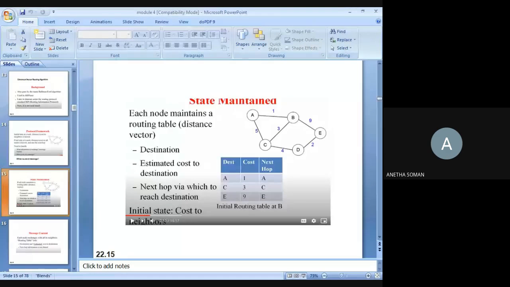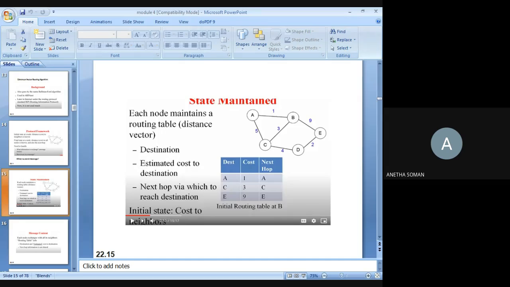The initial step, what you have to do is whenever you are having a problem or a sum given like this, you have to maintain a routing table, or you have to find out the distance vector in case of the distance vector algorithm. Now, what does that routing table consist of?